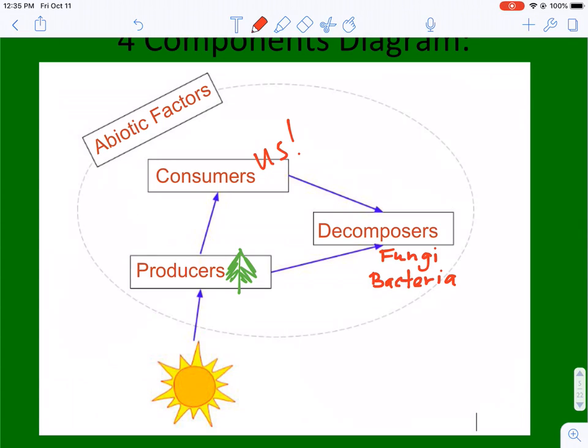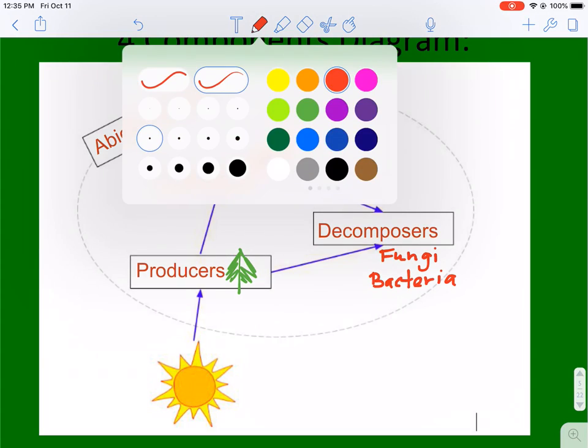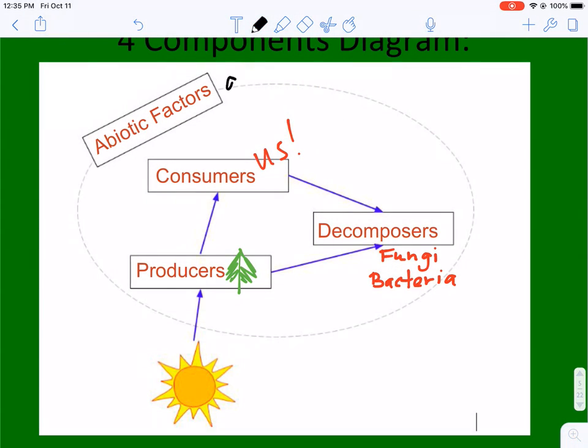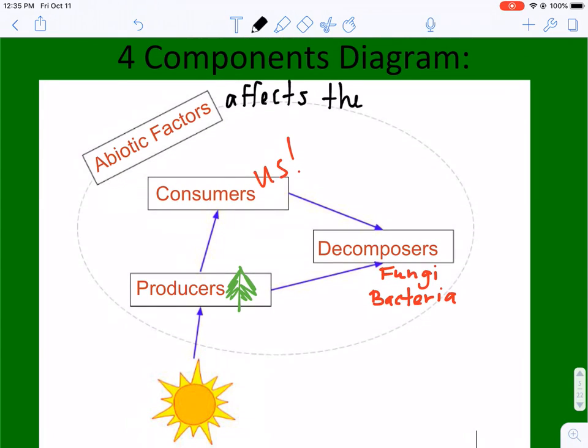And even some animals can do some decomposing or will consume things that might be created or might be thought of as waste. And then the abiotic is what's kind of circling and affects all of these things, affects the others, but is not quite directly involved in an energy transfer process.